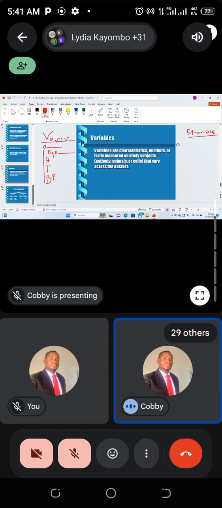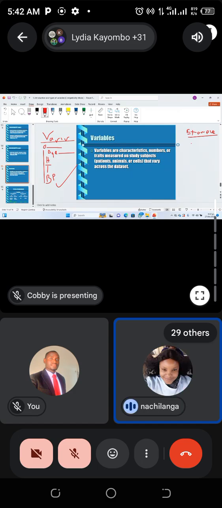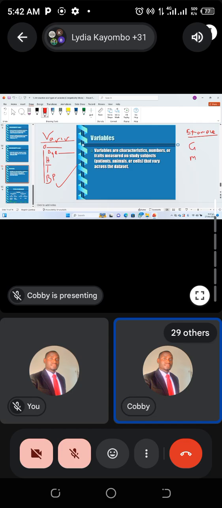Another example of variables is blood pressure. Yes, we have included it here. You have gender, marital status. Yes, we have gender. We have marital status. What other variables?